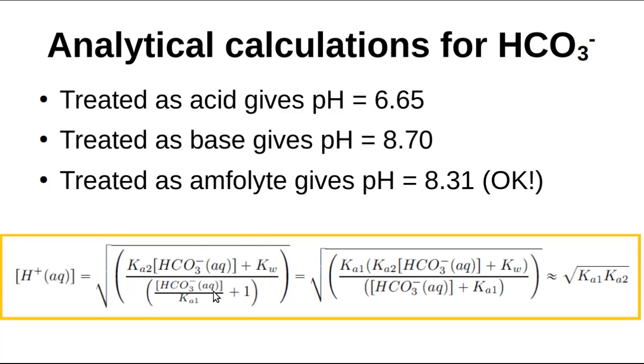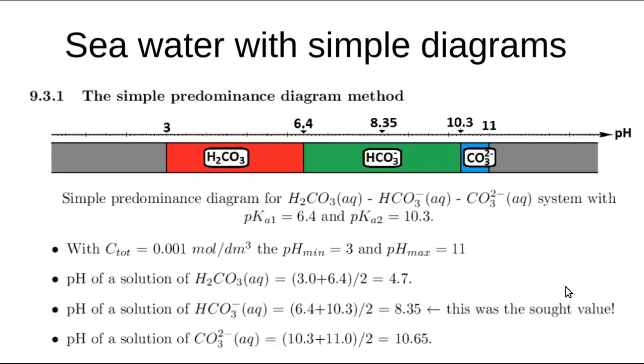You can do some approximations, and you can come to a statement that the hydrogen ion concentration should approximately be the square root of the product of the neighboring acidity constants, and on a logarithmic scale, it's the average value of the pKa values, same as we used here.